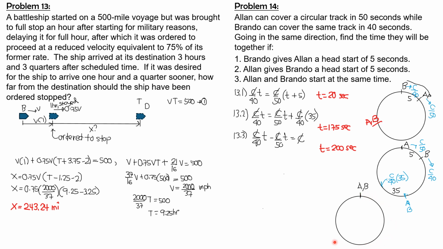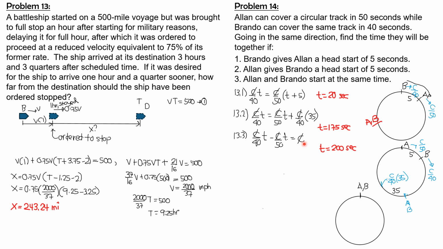This is the distance traveled by Brando. So let us say Brando reaches here. It's speed of Brando times T minus speed of Alan times T, and it is equated to one circuit or one revolution.